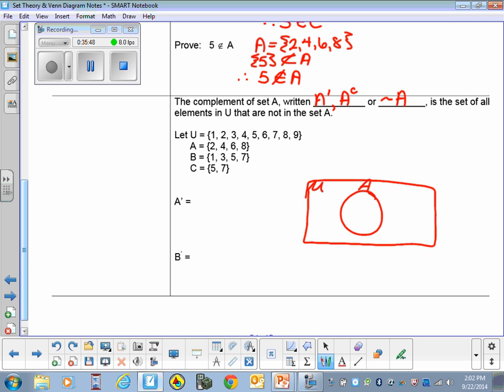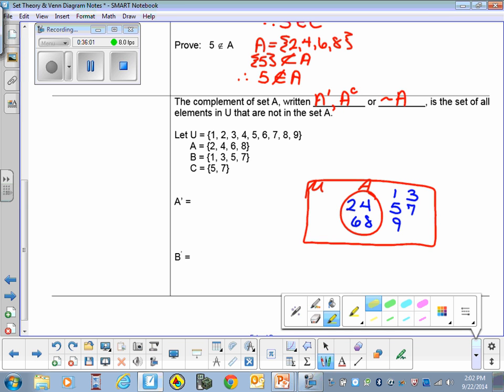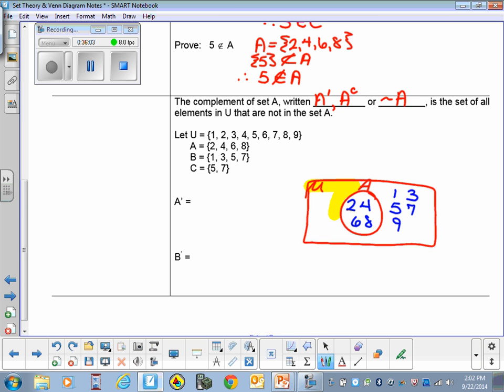Alright, set A has 2, 4, 6, and 8. The universe includes 1, 3, 5, 7, and 9 in this example. And the complement of A will be everything not in A. So that's one way to do it. 1, 3, 5, 7, 9.